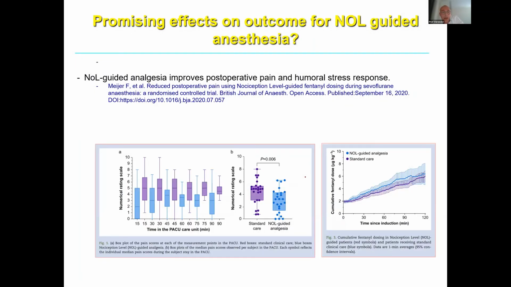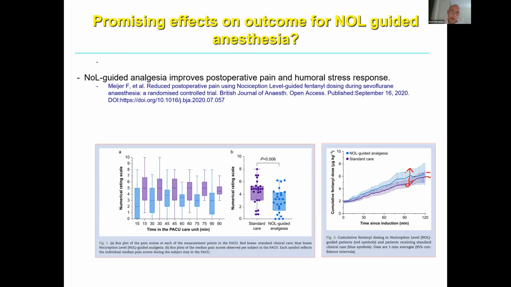In a subsequent study where they used sevoflurane and boluses of fentanyl, there was not much difference in the average fentanyl use, but apparently using the NOL leads to a more diverse titration of fentanyl over the population. So apparently the individualization of fentanyl was improved.